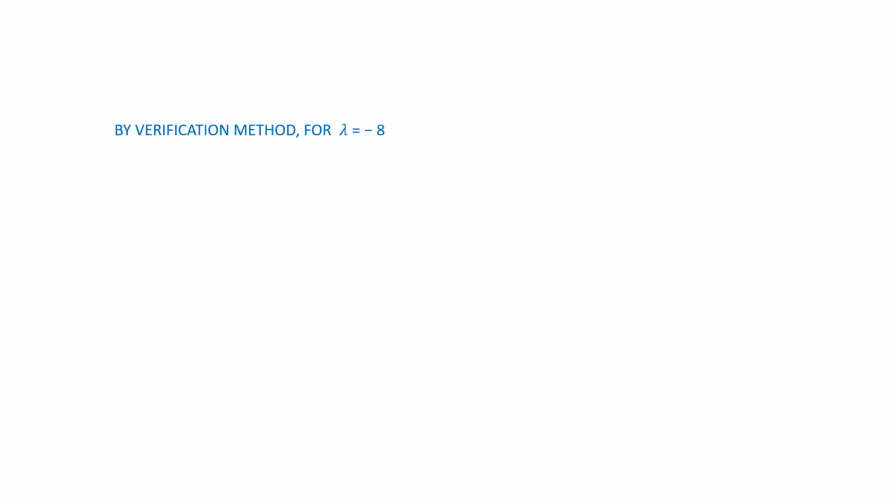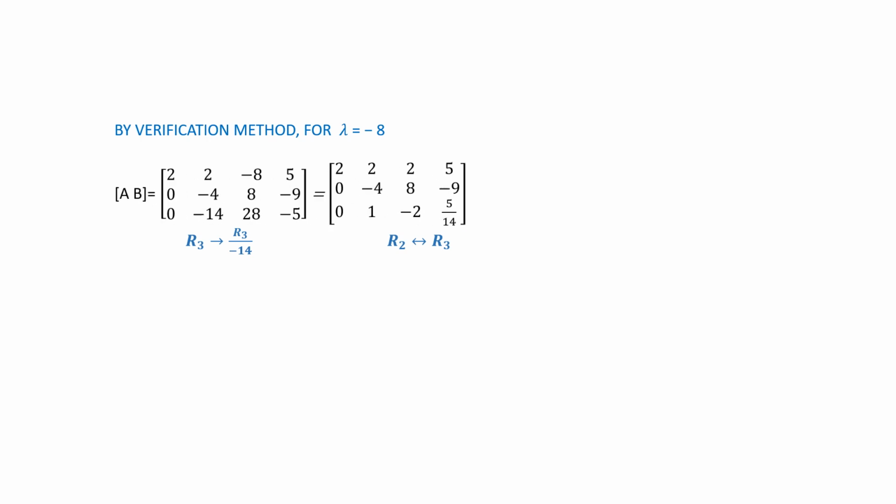By the verification method, substitute lambda equal to -8 also. Then the matrix will be reduced to 2, 2, -8, 5, 0, -4, 8, -9, 0, -14, 28, -5. We can apply R3 changes to R3 by -14; the third row is divided by -14.